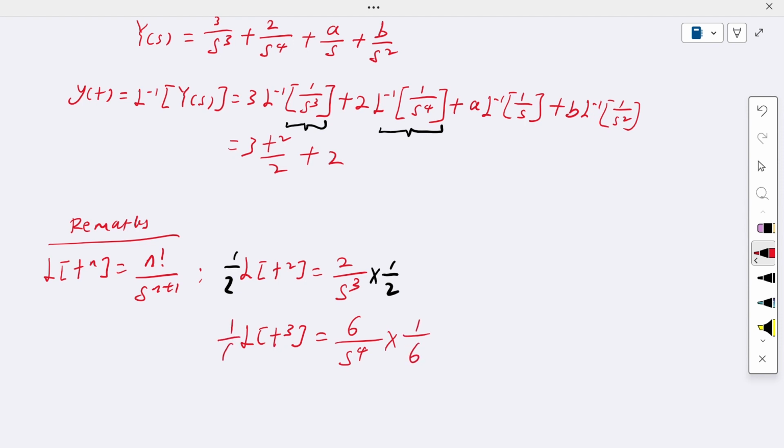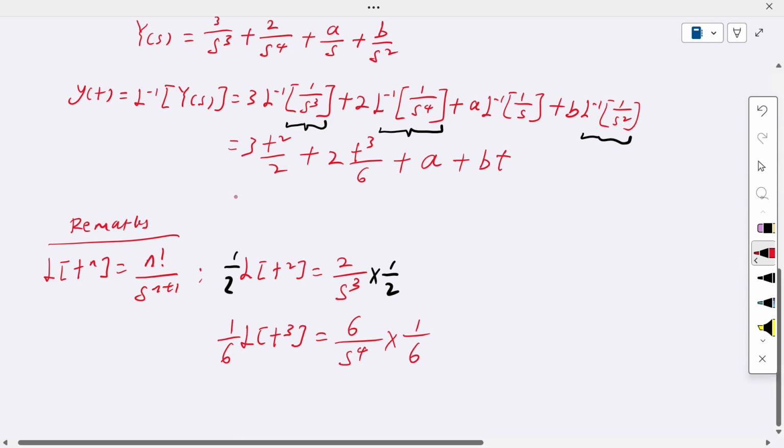This is replaced with t to the power of 3 divided by 6. Then the inverse Laplace transform of 1 over s is equal to 1, so it's a. And the b here for this term is equal to plus b t.